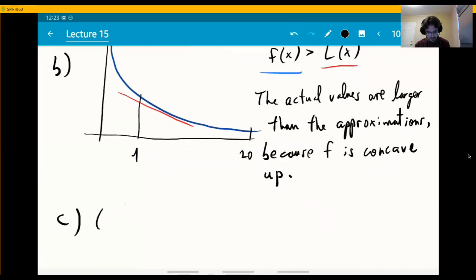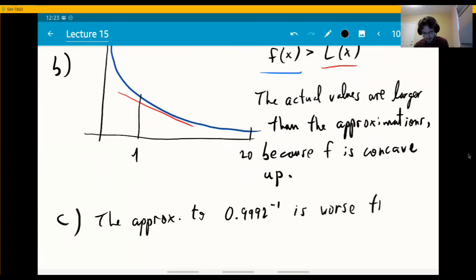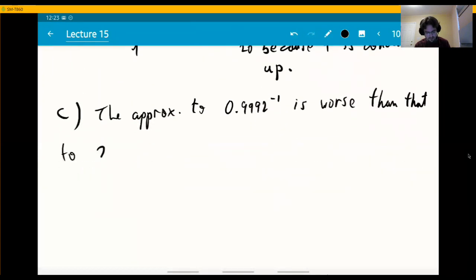So we would say that the approximation to the first number is worse than that to the second number.